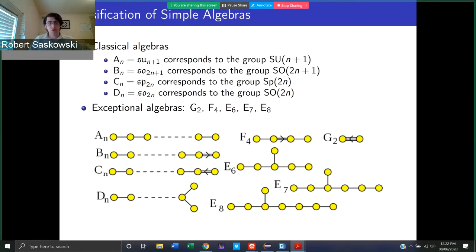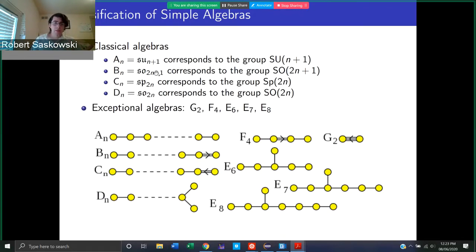And this corresponds to a special unitary group in n+1 dimensions, which is (n+1) by (n+1) unitary matrices with unit determinant. And of course, the Lie bracket for all of these is going to be the commutator because they are matrix Lie algebras.